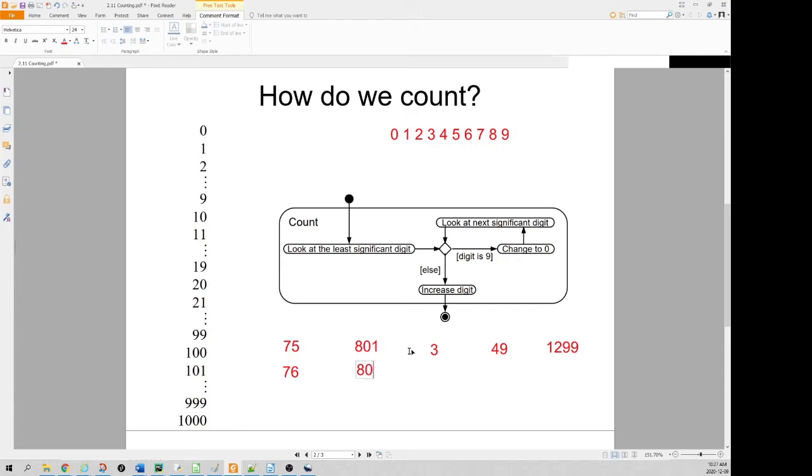So that's 802. We want to find the number that comes after 3. Well, we increase that digit and we get 4. How about 49? We look at the least significant digit. It's a 9. And because it's a 9, we're going to change it to a 0. And we're going to look at the next significant digit, which is a 4. 4 is not a 9, so we're going to increase it. So we get 50.